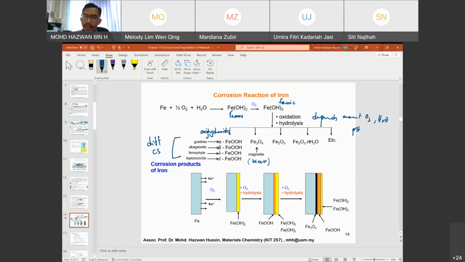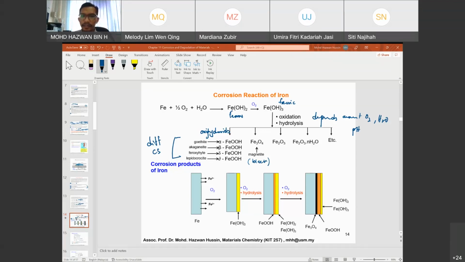You can also have ferric hydroxides and hydrated ferric hydroxides. Normally, it forms hydrated, which means it absorbs water and will be slightly wet in condition. The formation of all these products can occur layer by layer.